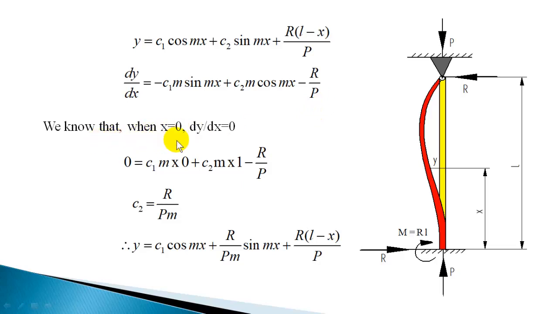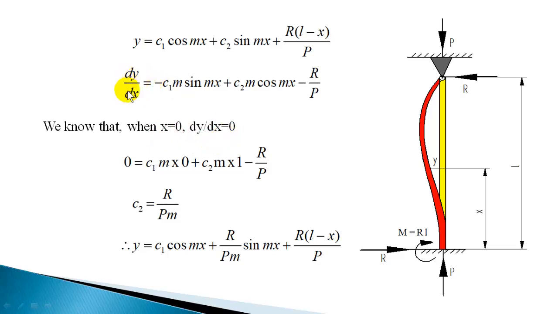And we know when x is 0, the slope of the deflected curve is 0. So initially the column remains straight because of the reaction moment exerted by the fixed end. So when x is 0, dy by dx is 0.